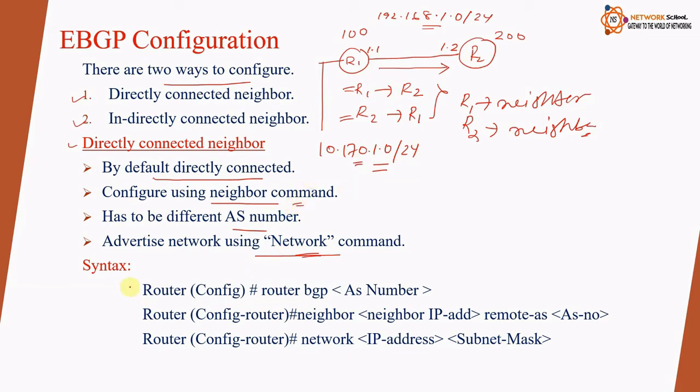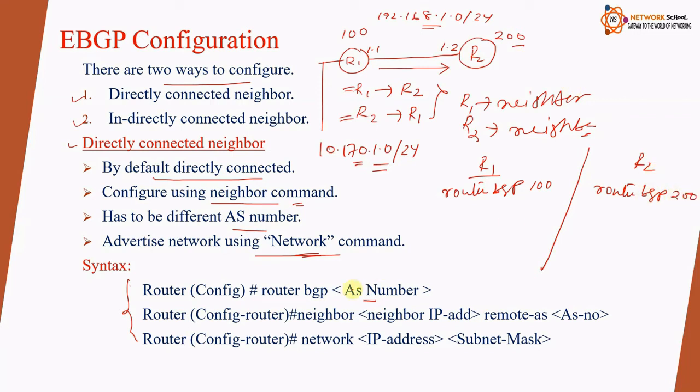This is the syntax we should use in both R1 and R2 when we set up the neighborship. Let's say we are at R1 and use the command router bgp and the AS number, which should be the AS number of R1, which is 100. In the same way we go to R2 and specify router bgp and the AS number of R2, which is 200.